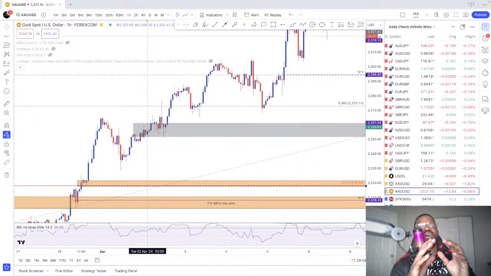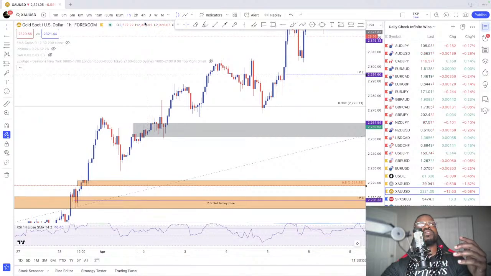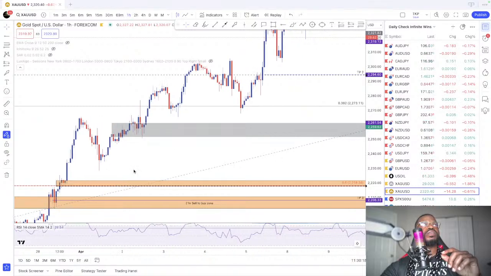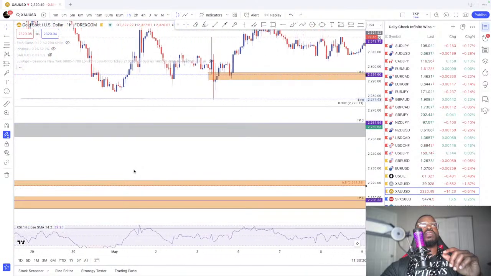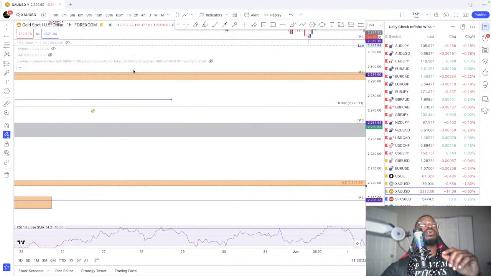Because even if you don't have a long or a dominant rejection at those areas, in most cases you have some type of reaction that you can either take advantage of by getting in the buy setup, or you can use it as an area to close some of your position, take profits. So let's just look at that area for right now.